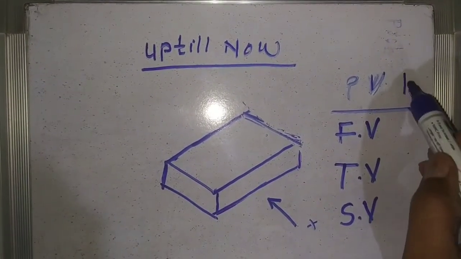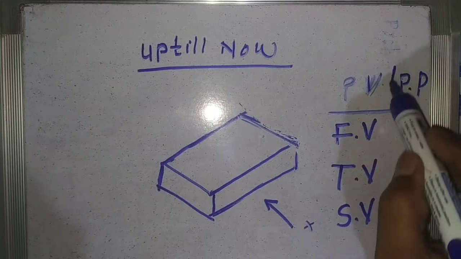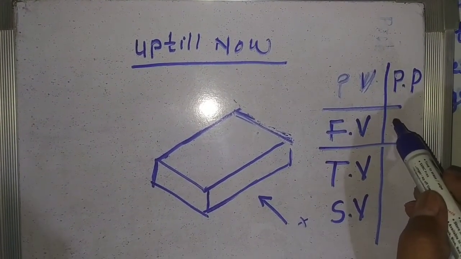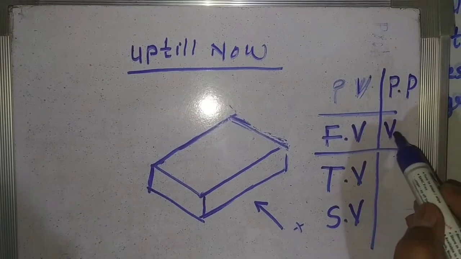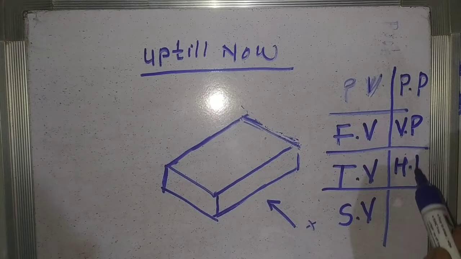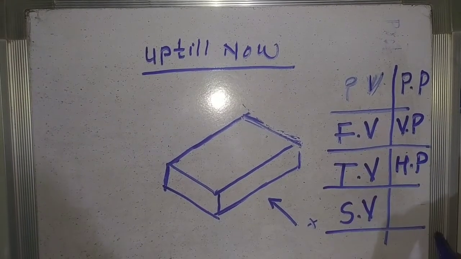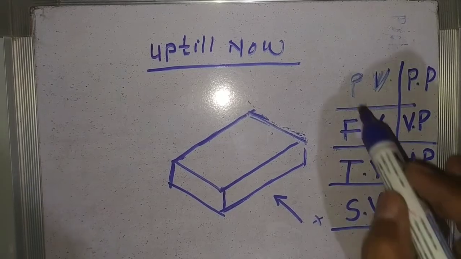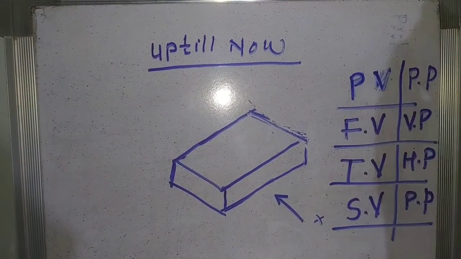Which are the principal planes, PP? Front view is drawn on the vertical plane, top view is drawn on the horizontal plane, and side view is drawn on the profile plane. These are the principal views and principal planes.